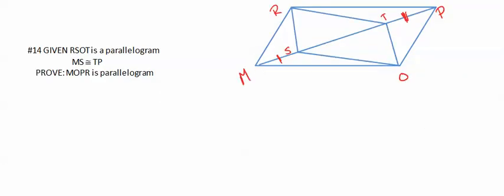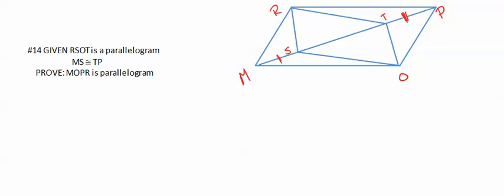Let's look briefly at one of your homework problems. Number 14. If we're given that RSOT is a parallelogram, we know that MS is congruent to TP. We want to prove that MOPR is a parallelogram. Well, we have the segments marked in the diagram already, but let's look at what we can figure out from RSOT being a parallelogram.